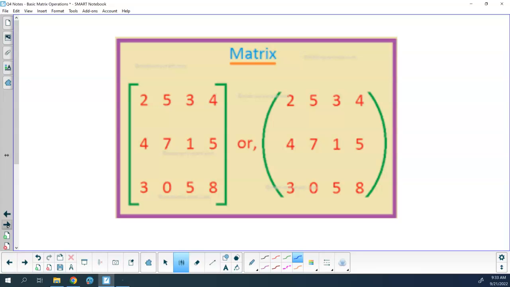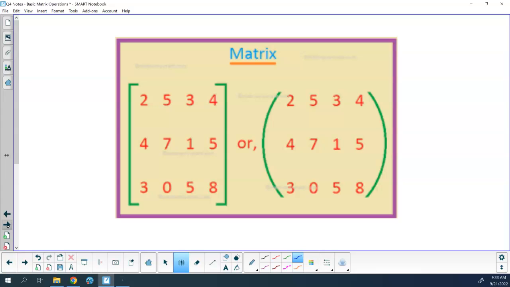Yep, 3 by 4. Where does the element 7 live? 2, 2. Row 2, column 2. I would agree with that too.